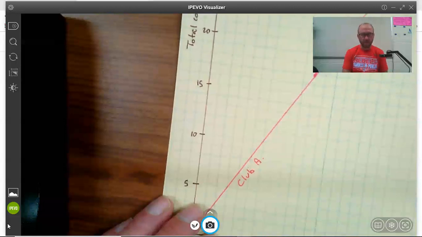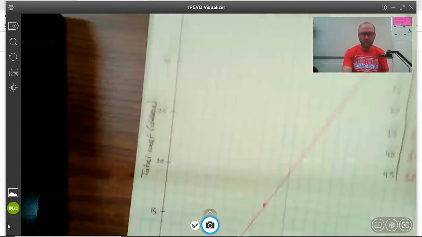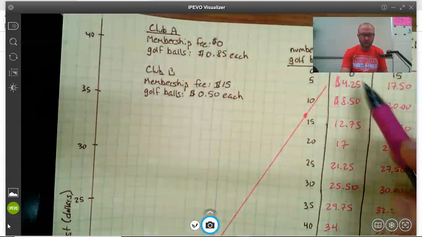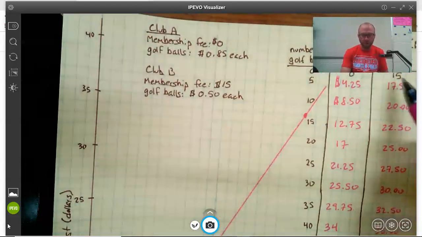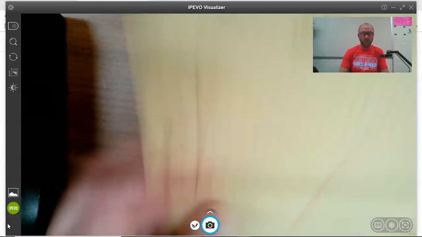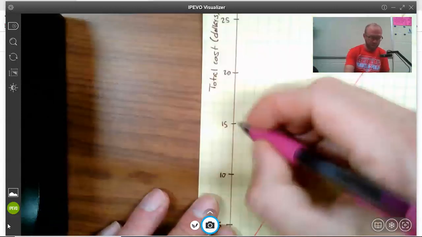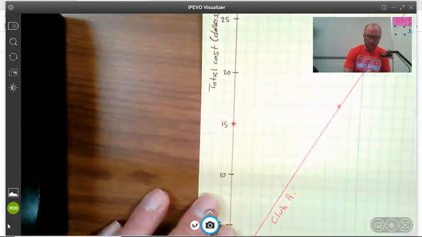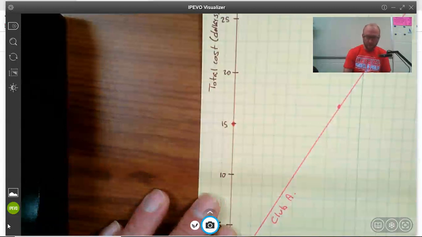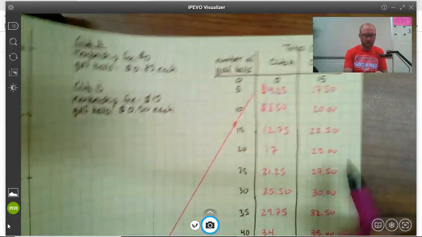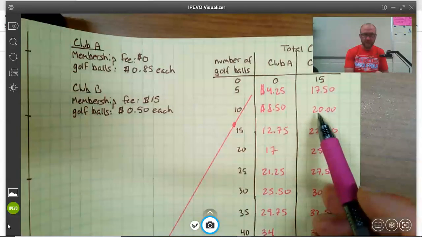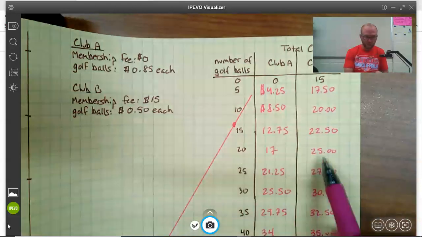Now let's graph Club B. Club B starts at the point 0 golf balls, $15. So if I don't buy any golf balls at all, I'm still paying $15. Let's see, we've got 10, 20; 20, 25; 30, 30; and then we have 40, 35.